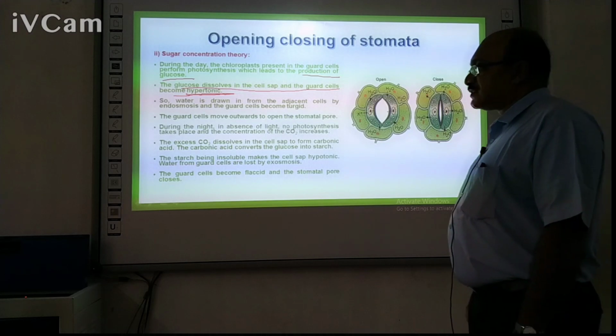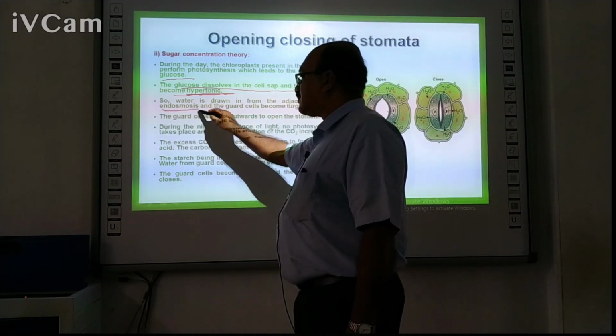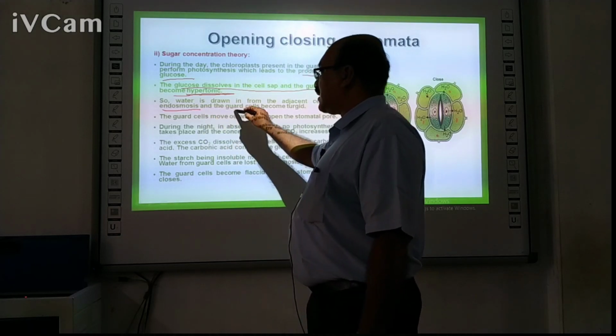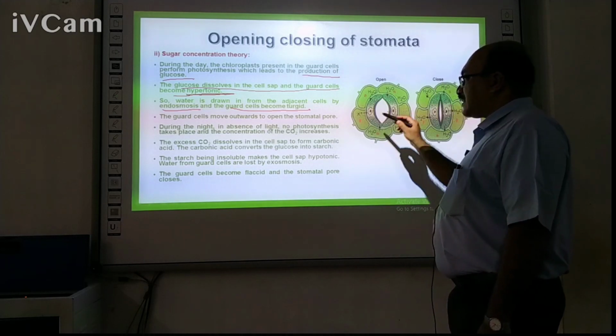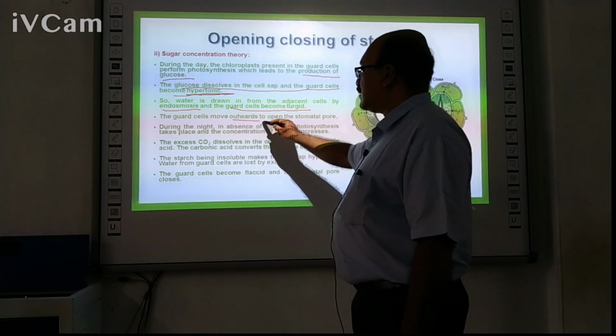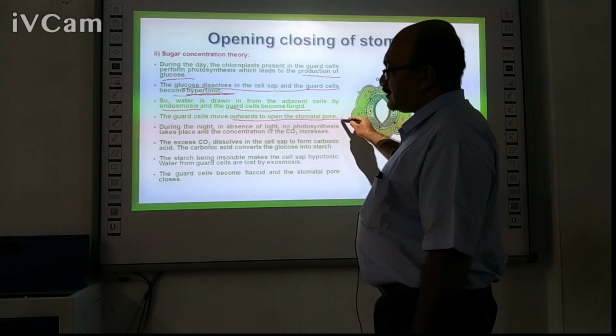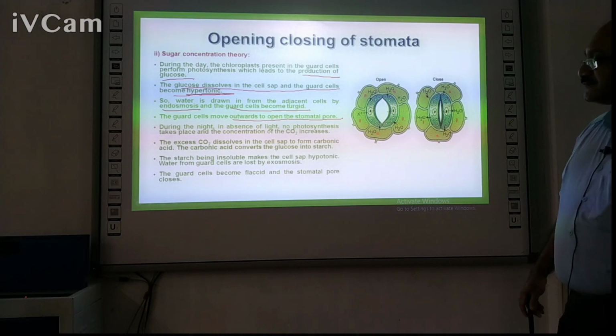And as the guard cells become hypertonic, water enters into the guard cell by endosmosis, and the guard cells now become turgid. As they become turgid, the stomata pore opens. So that is how stomata opens during the daytime.